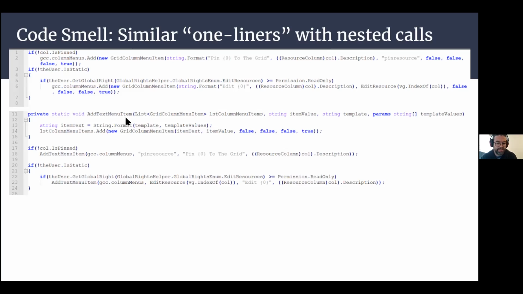And this method is providing context and meaning to what is happening. So if we are going to write this code again, it starts from here and it's like add text menu item. You see, it's very explicit. You just provide the GCC menus, whatever, all the data that it needs, and that's it. Shorter line, easy to read.